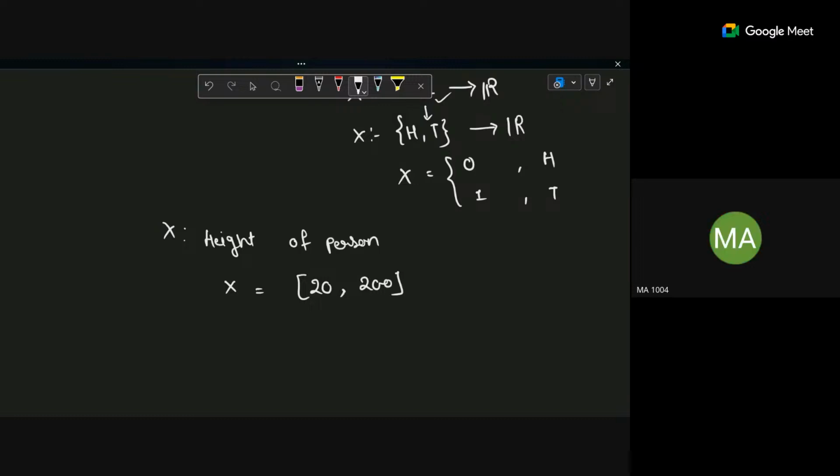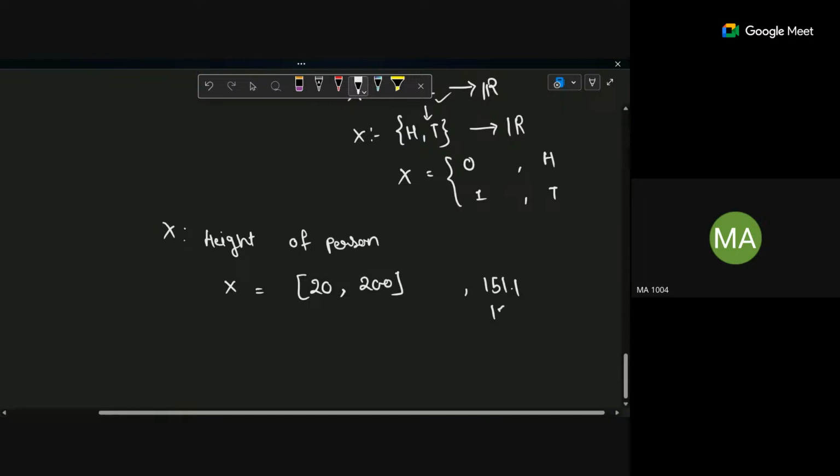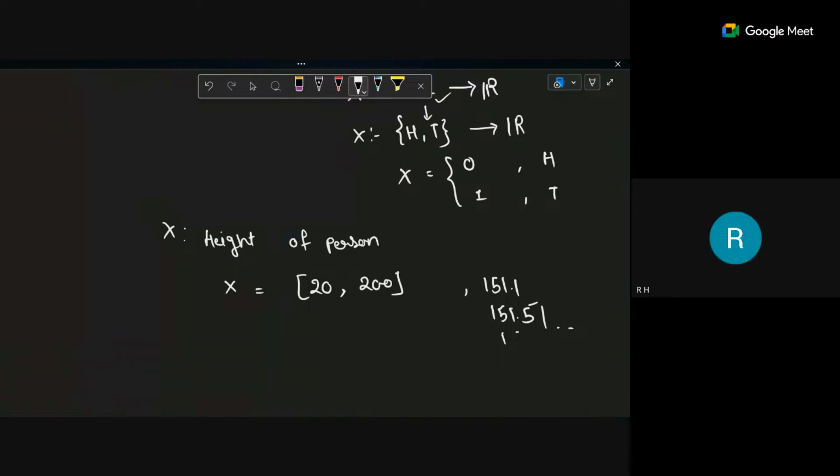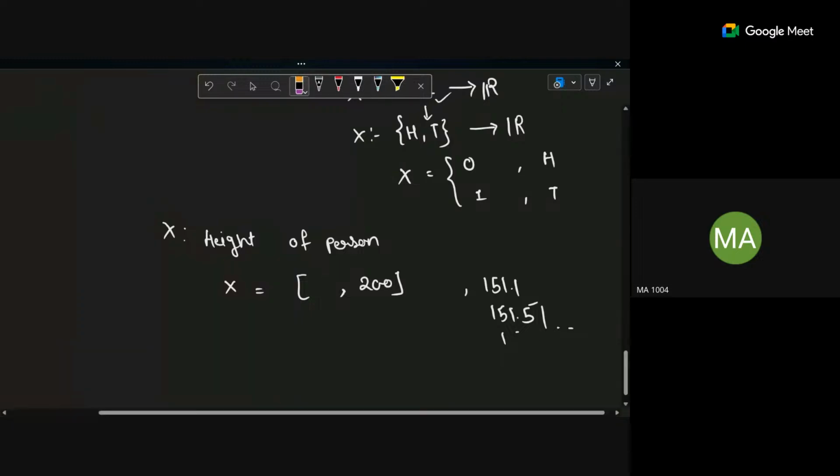But there will be some persons whose height will be 151.1 centimeters, 151.5 centimeters. All possibilities are there, and if you come with more precise values, then it may be possible that 151.51 is there, and so on. So how many values are there between 20 and 200? Just uncountable, right? Correct. But whenever you collect the data, this data will follow some distribution.